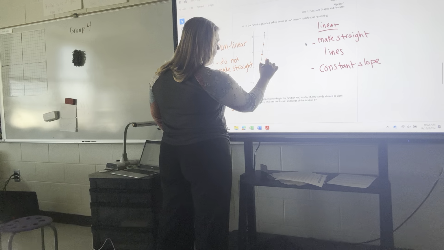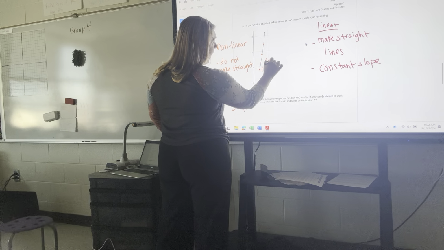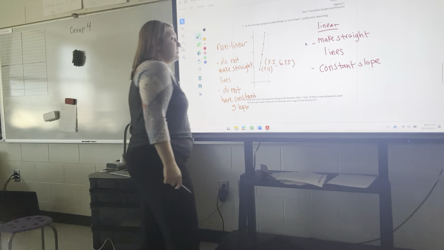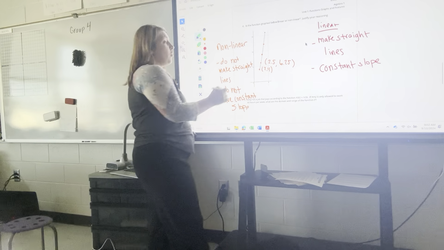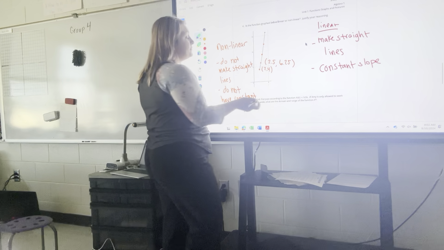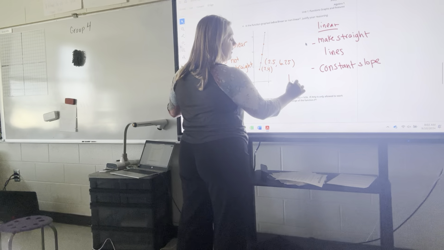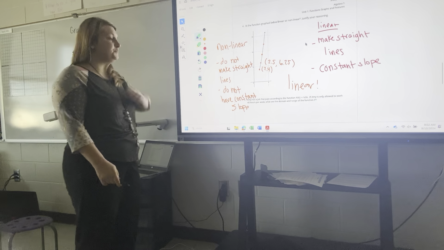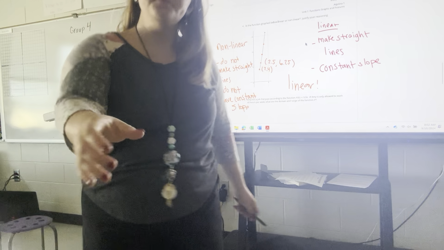Like 2.5 and then like 6.25. So you would do the y2 minus y1 over x2 minus x1. But I'm going to call this one linear, okay? So we figured out it is linear, okay? Good. Now let me take a picture.